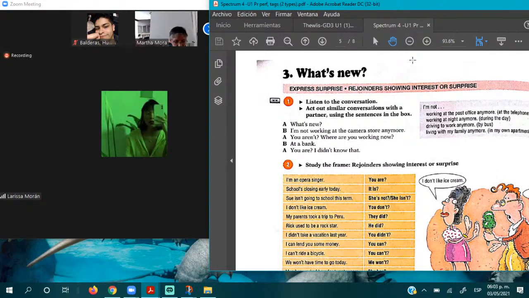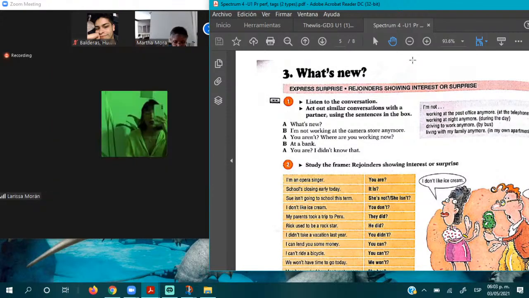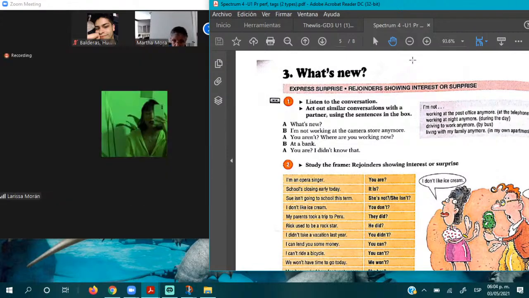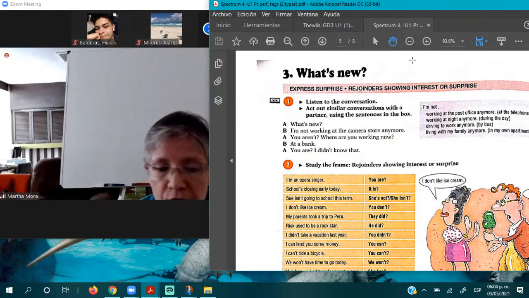Okay, now the first variation, Lucero and Larissa. What's new? Sorry, it's because I'm on the cell phone. I'm not working at the post office anymore. You aren't? Where are you working now? At the telephone company. You are? I didn't know that. Okay, now the next variation, Victor, who was your partner?